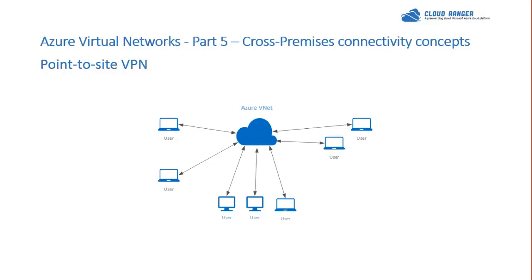Point to site, regardless of its name, is something you may already be doing with your organization, where you have a laptop or you are working from home and your systems or network administrator will provide you a VPN application.